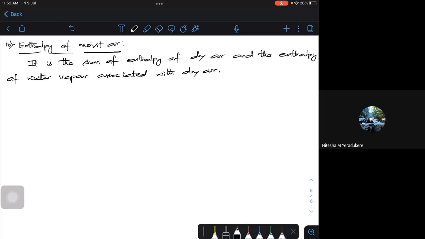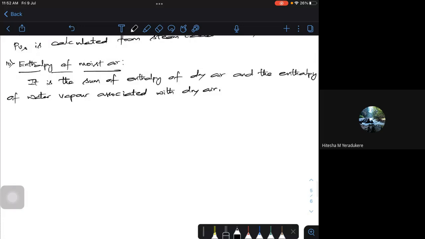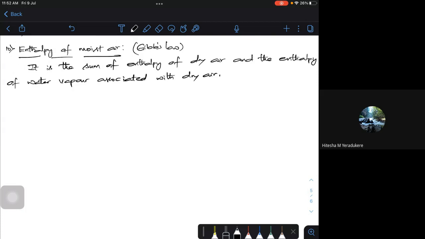Okay, so if I take H as the enthalpy of this particular thing, now how did this come up actually? If you go back and see, this enthalpy depends on one particular law, that is Gibbs law. The enthalpy of a moist air depends on Gibbs law. Let me write it actually.